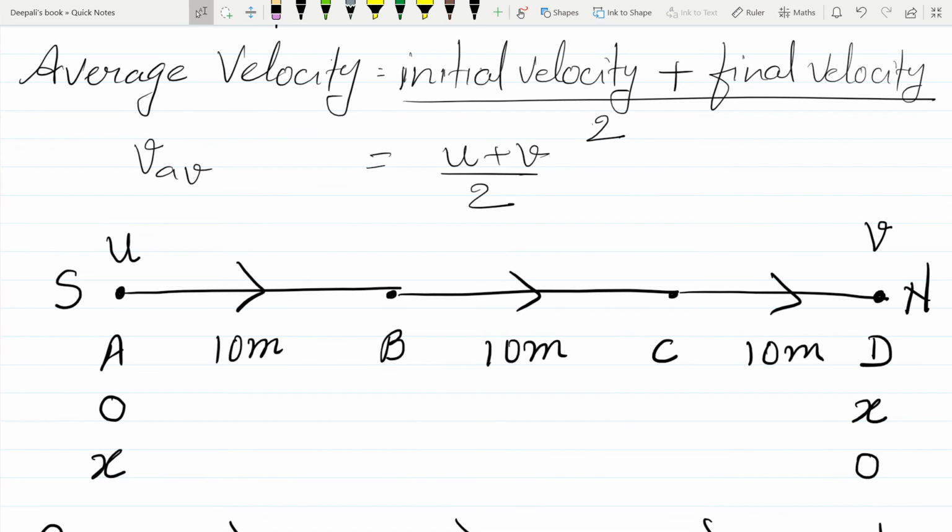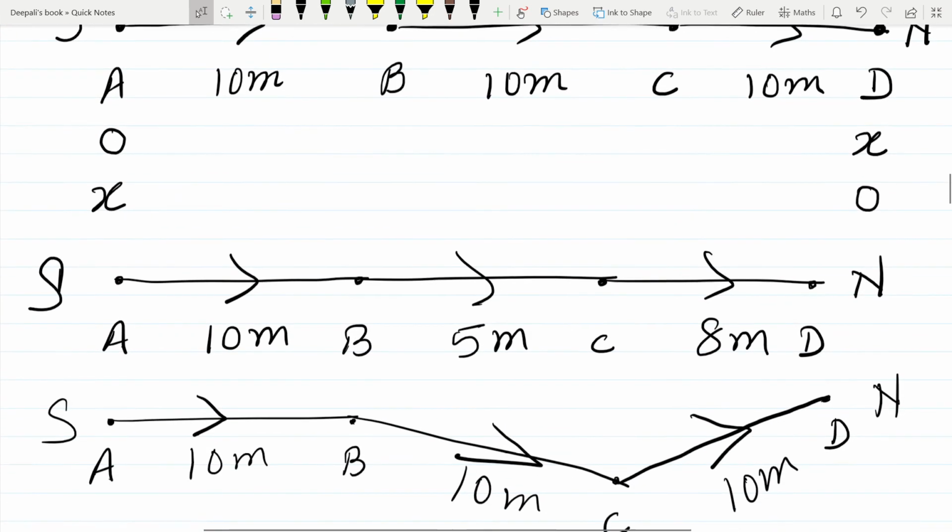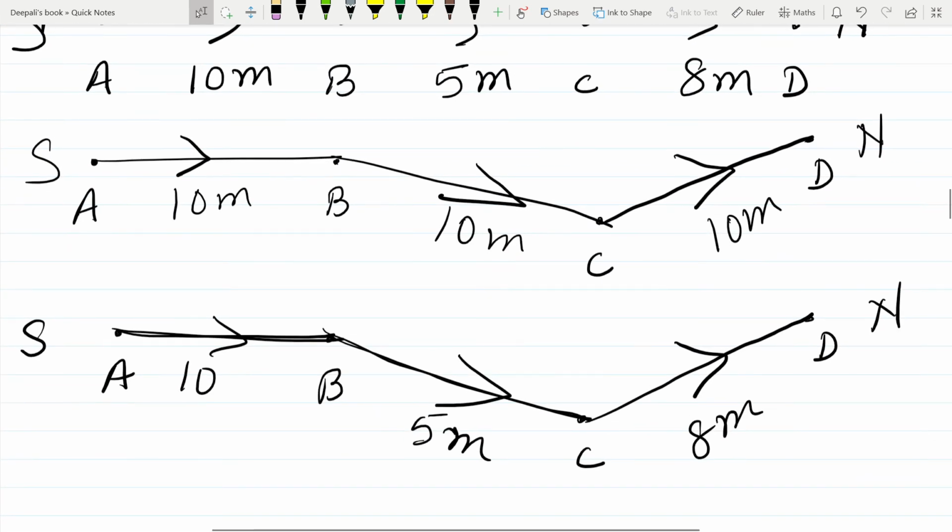The average velocity is the initial plus final divided by 2 because we are talking about 2 points, the final position and the initial position. Origin is the initial position and where it stops is the final position.